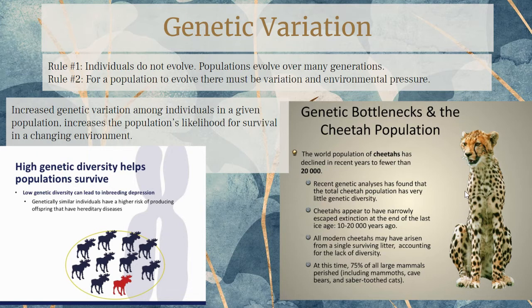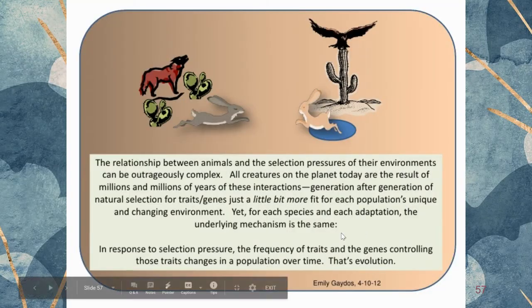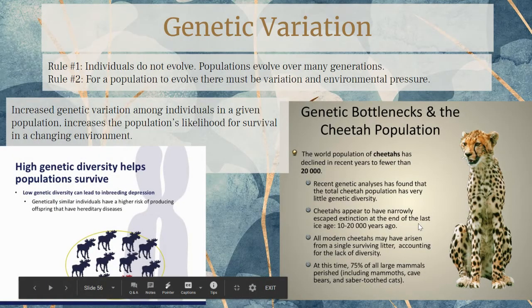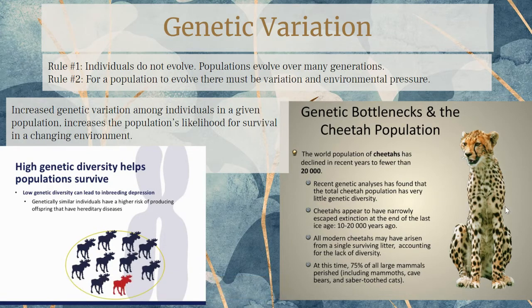We're going to compound this with the fact that they're losing their range, their habitat is being destroyed at a very rapid pace. So their genetic diversity is very low. This makes them more susceptible to disease, and it makes it more likely that a change in their environment could very easily wipe them out. There's a lot of talk about this current state of extinction, and you can look this up.